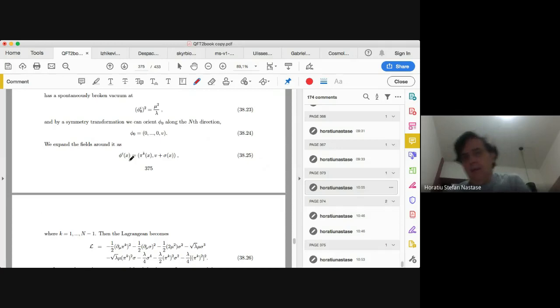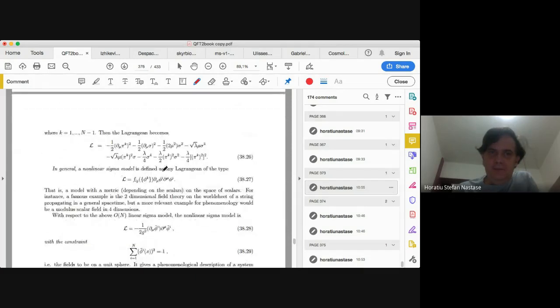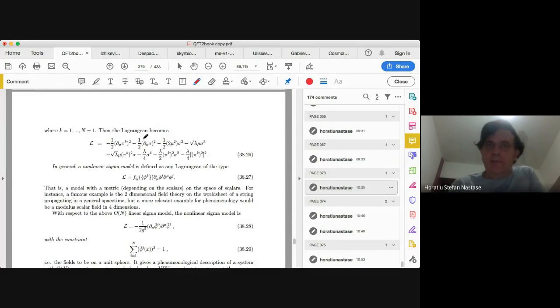Then I would write phi I, the expansion around the vacuum, as pi k in the first n minus 1 components and v plus sigma in the nth component.